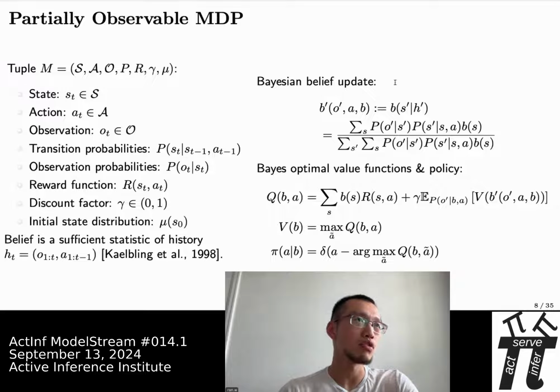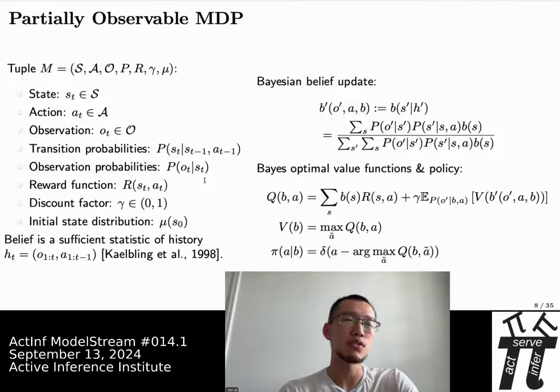And then another ingredient that we need is the partially observable MDP, which is just an extension of MDPs where the state variable now is no longer directly observable to the agent, but the agent can observe another signal O that's usually correlated with the states.